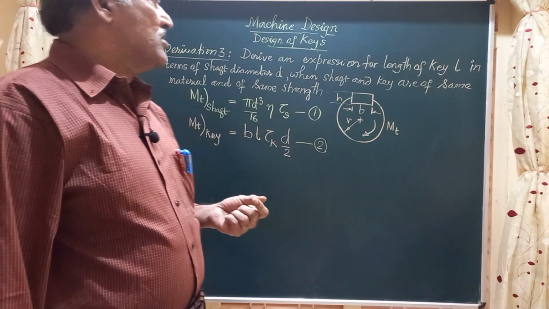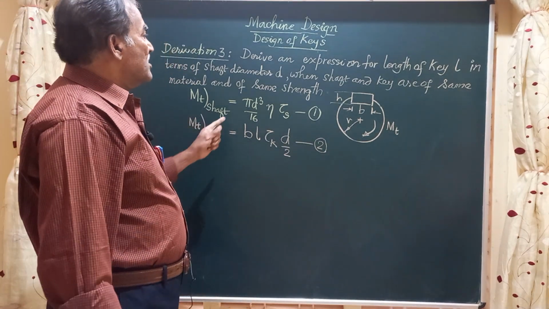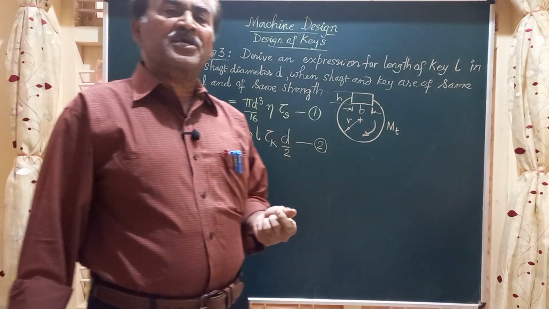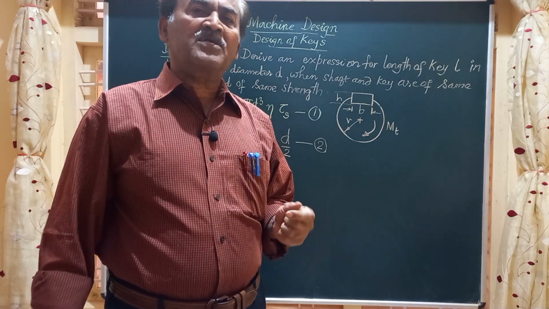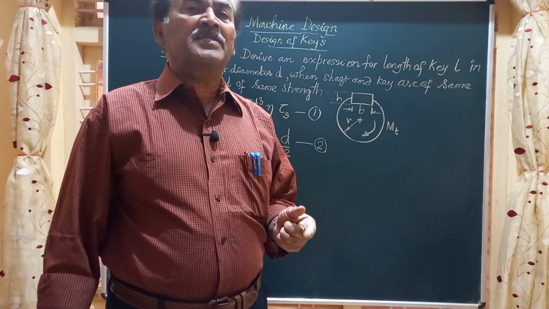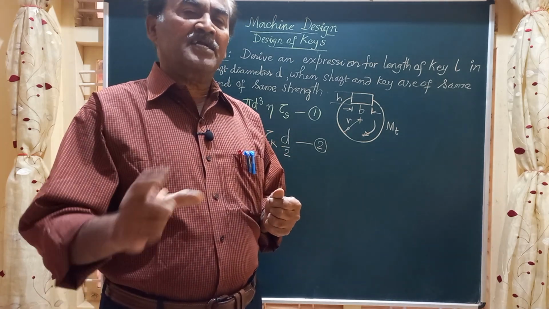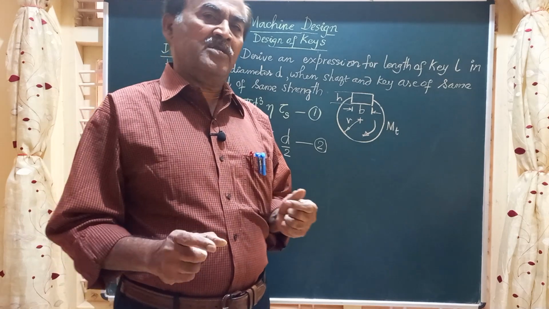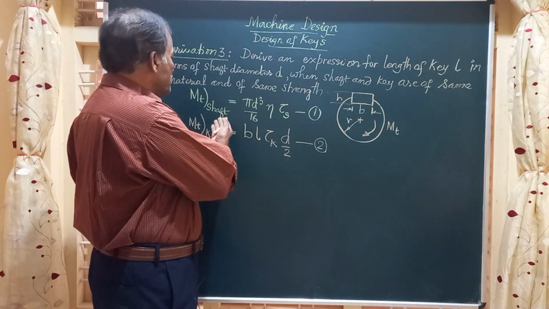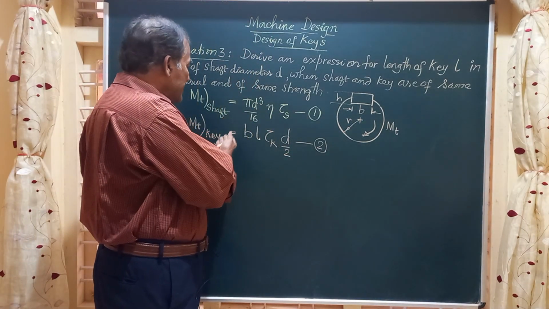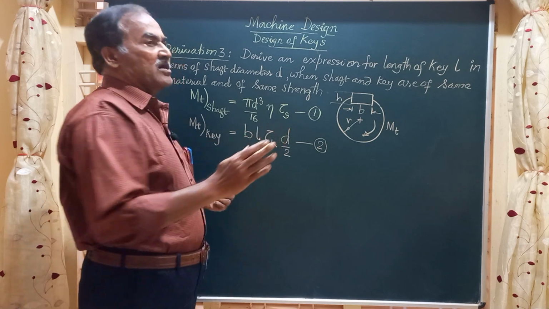And now the question is, the shaft and the key are made of the same material and they have the same strength. First of all, let us consider that they have the same strength. In other words, the torque transmitted by the shaft and that of the key are same.